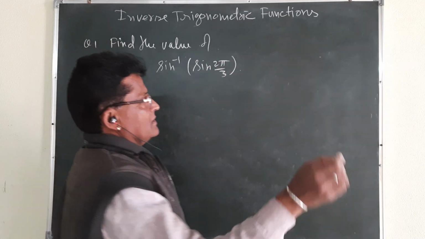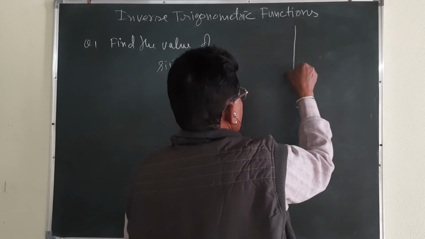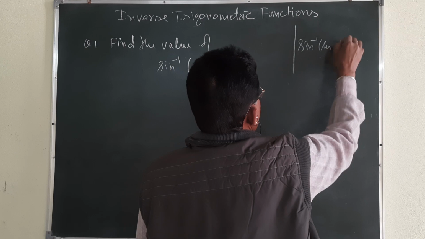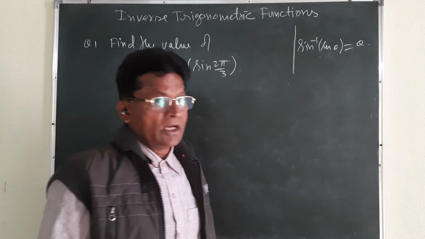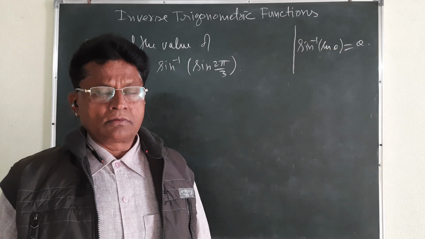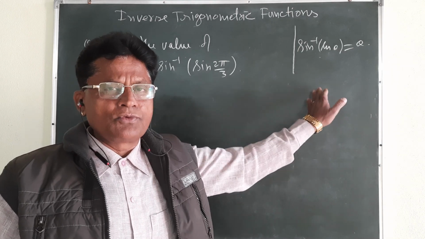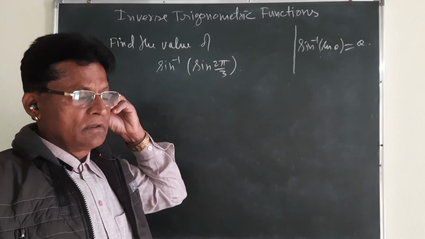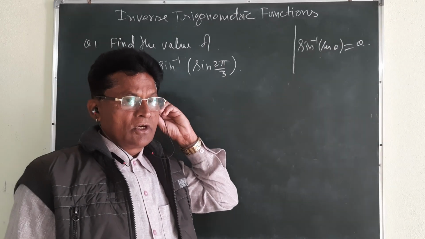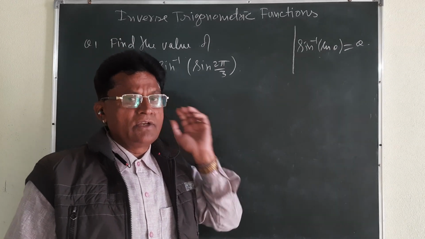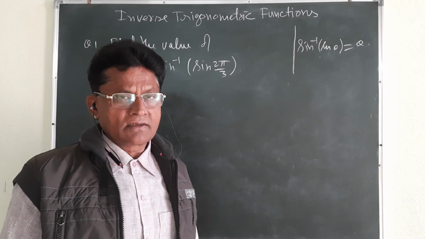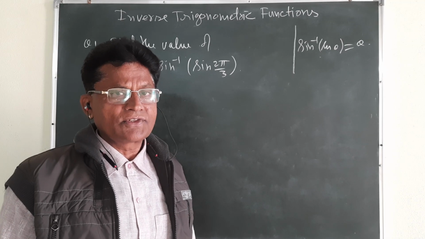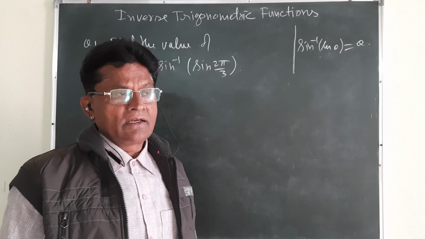Dear student, I told you yesterday in the previous video, sine inverse sine theta will be equal to theta. But this is not always true, because you must see the principal value branch or the range of the inverse functions in case of sine inverse, cos inverse, tan inverse, cot inverse, sec inverse and cosec inverse function.